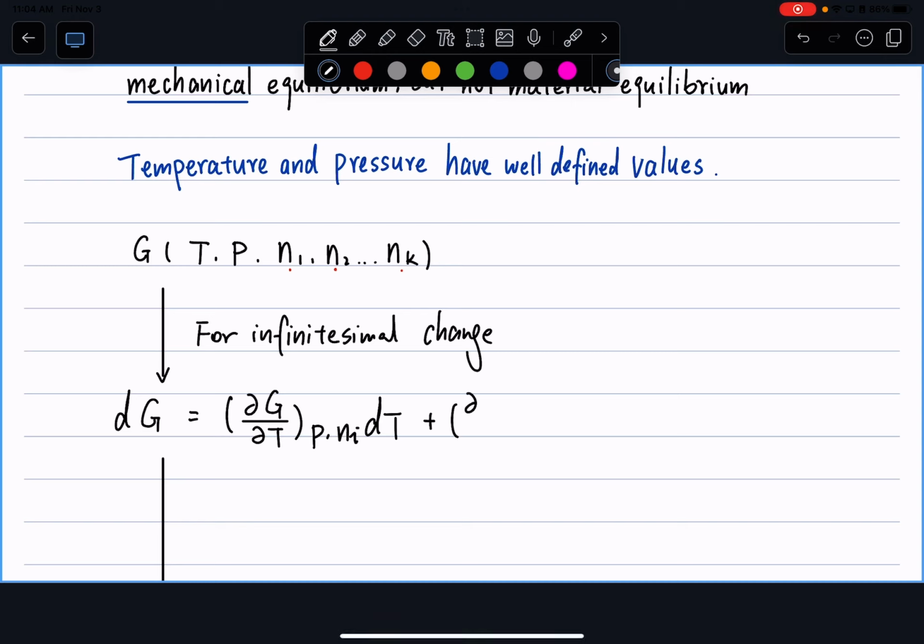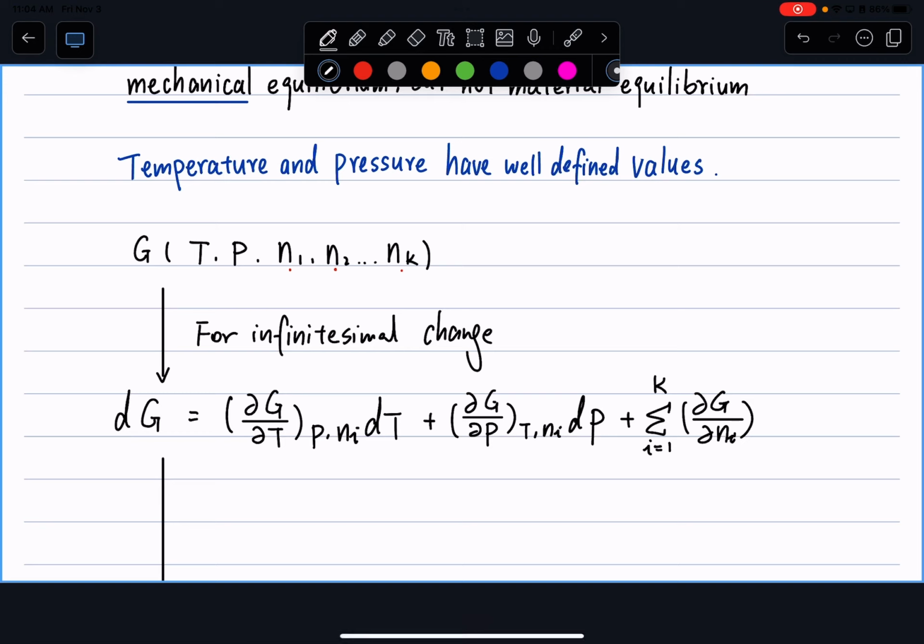Plus the partial derivative of G over P at constant T and constant Ni, dP. And at the end, we have this term. Now we're taking into consideration the partial derivative of G over Ni.